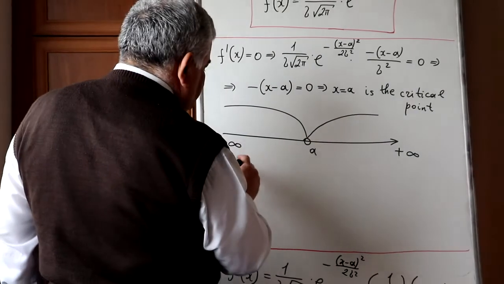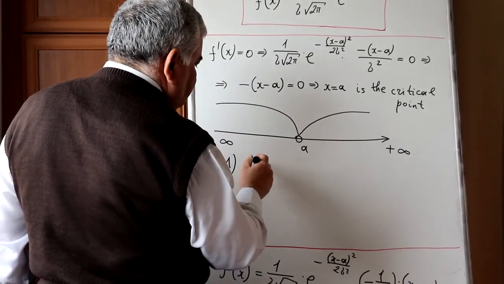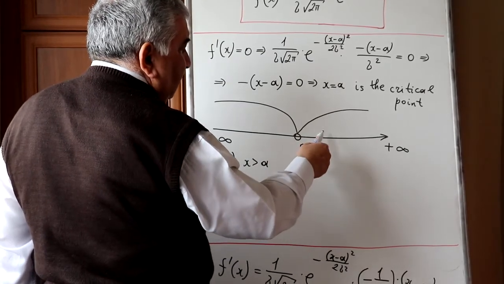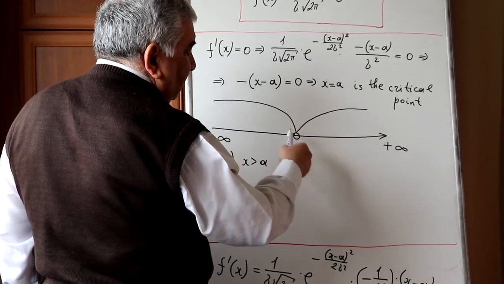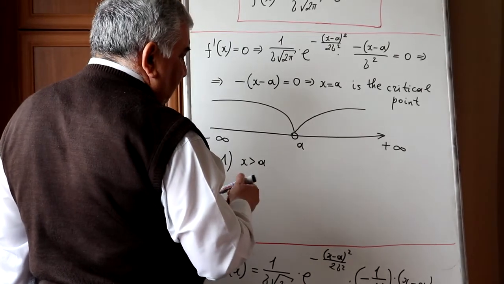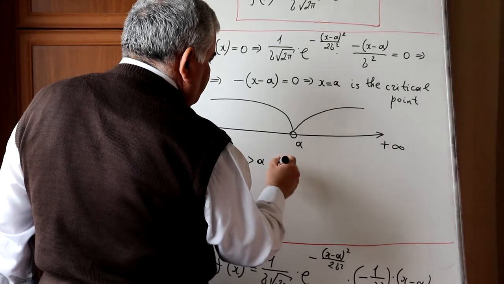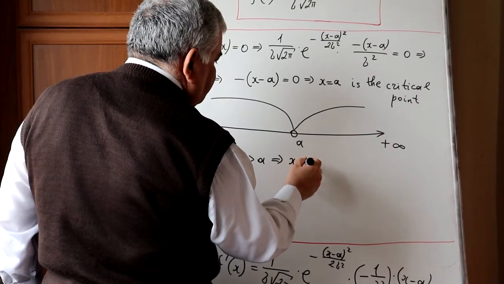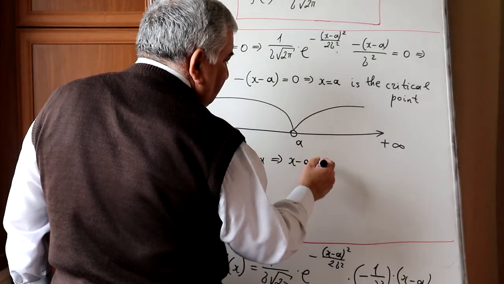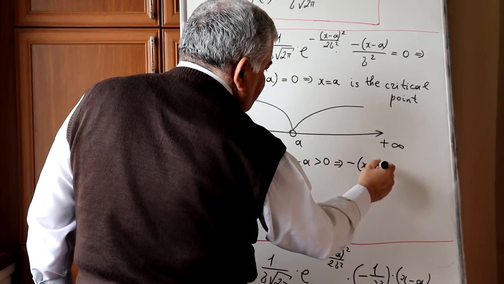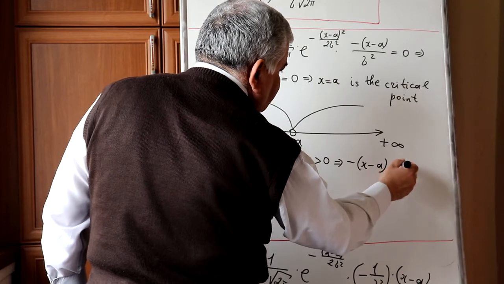If x is greater than a, that is, if x is situated on the right of the point A, then x minus a is positive, and minus x minus a is negative.